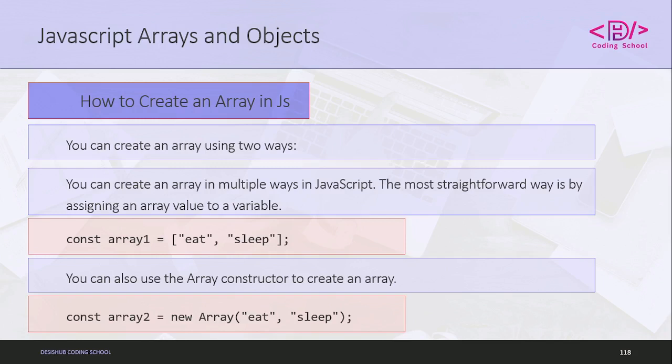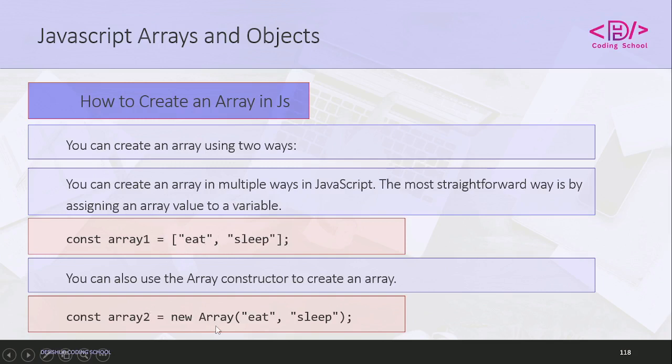The first one is when you just assign an array into a variable, using array literals. So if you just assign any variable to this pair of square brackets, that is what we mean by assigning an array to a variable.